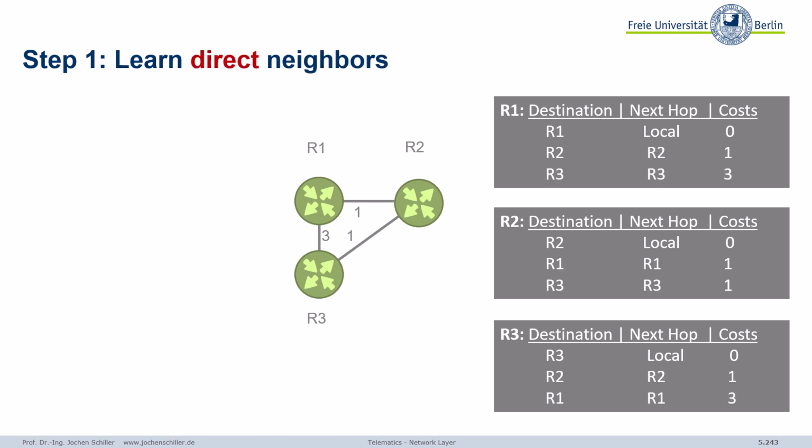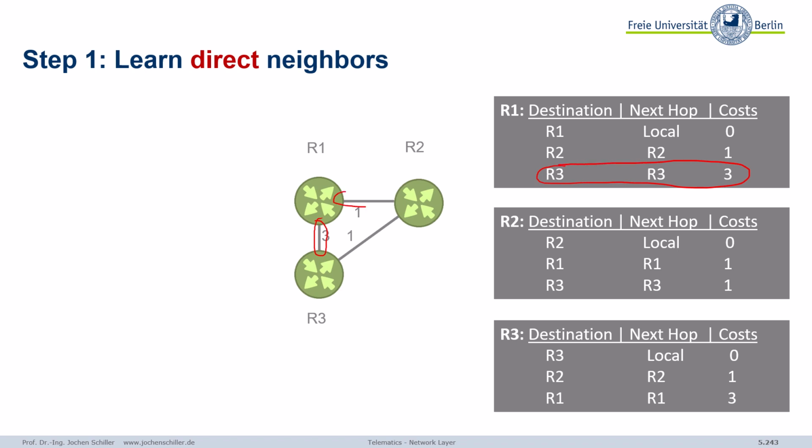Then we do an update. We learn the direct neighbors. Here, for example, R1 learns that it can reach router 3 at a cost of 3, with next hop R3.